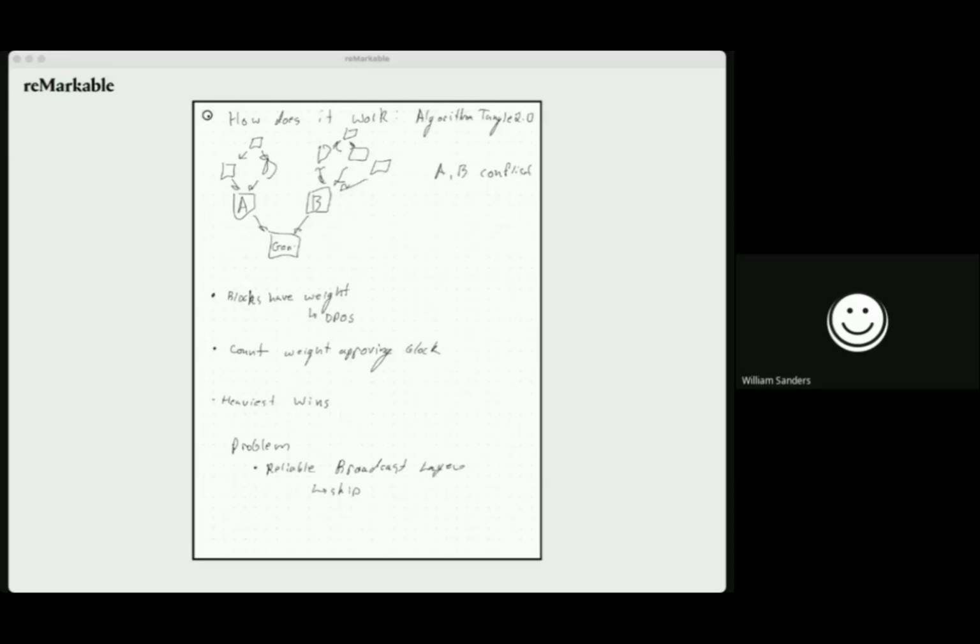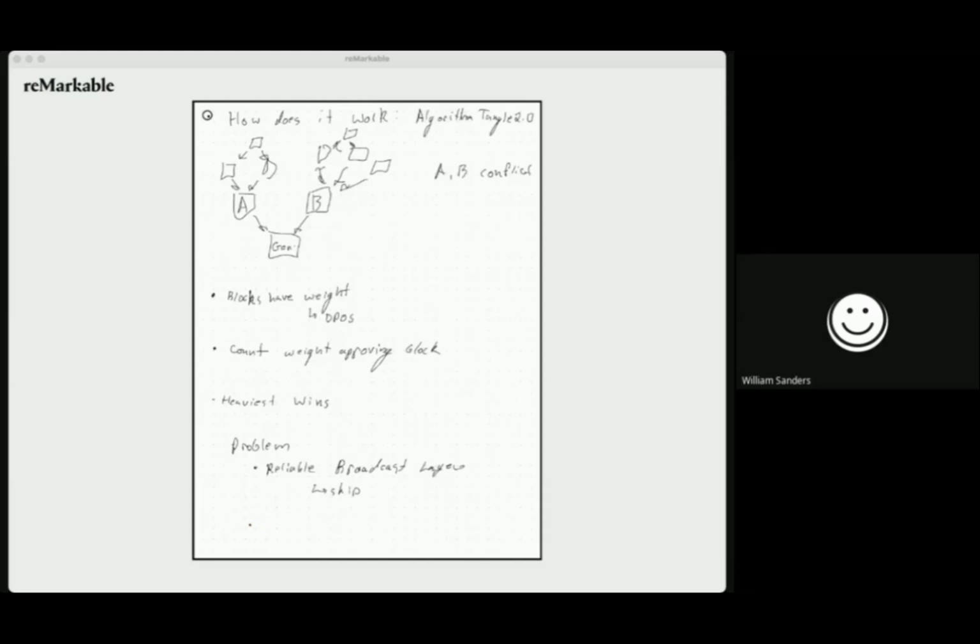Because ideally what we want to do is optimistically book everything as it arrives. We want to book A and we want to book B as they arrive, right? And then book everything else too as it arrives. But if someone just spams a whole bunch of forks and things like that, what happens? Oh, okay, that's the whole reliable broadcast layer. It's another question.